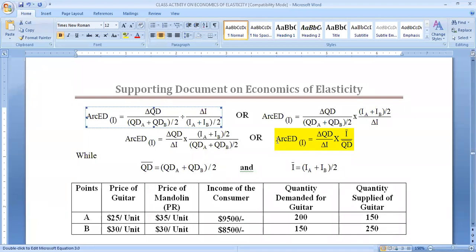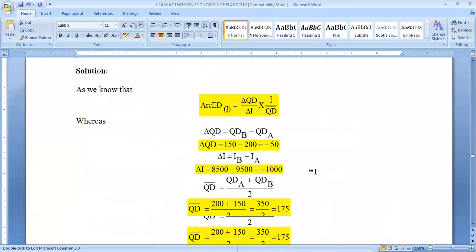The averages will be represented with the term bar. So delta QD over delta I multiplied by I bar over QD bar, whereas QD bar is average quantity demanded of 2 points, while I bar represents average income of 2 points.